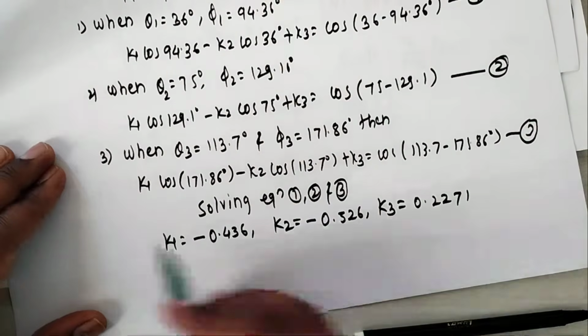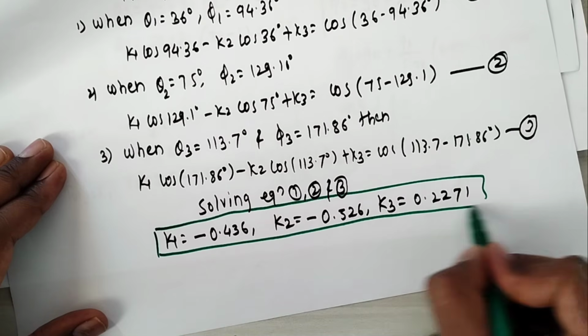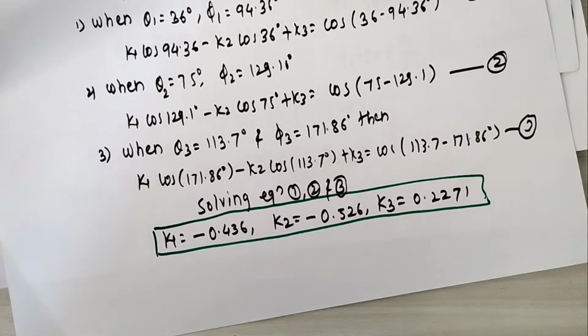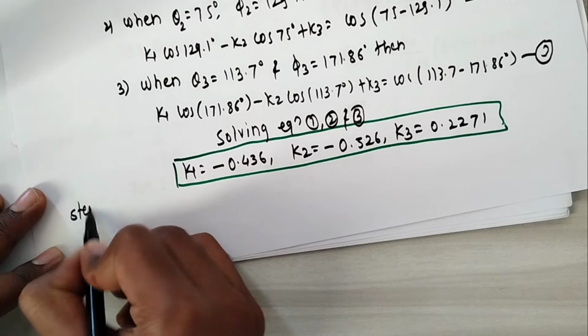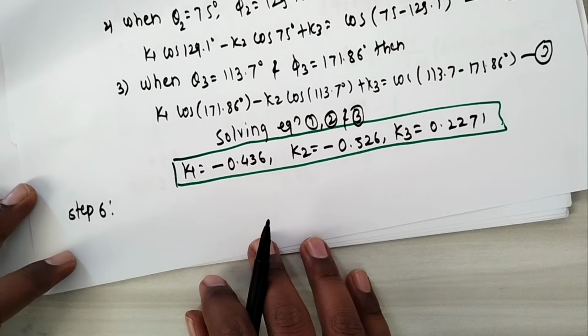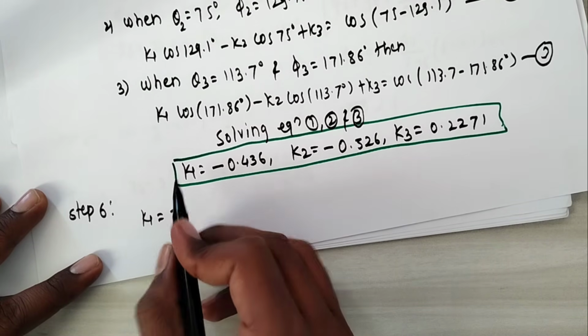Once you obtain k1, k2, k3, L1 is known to you. So in the last step, by using formulas, step number 6, we know that k1 is equal to L1 by L2.